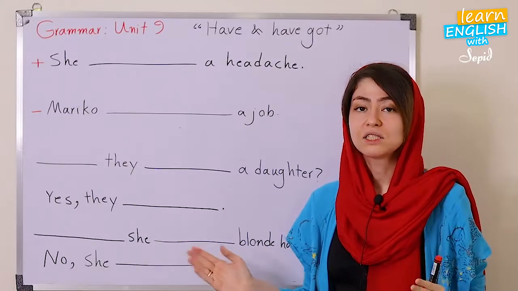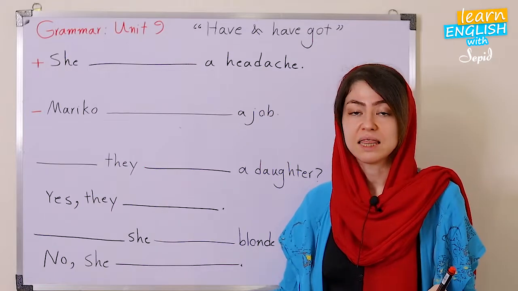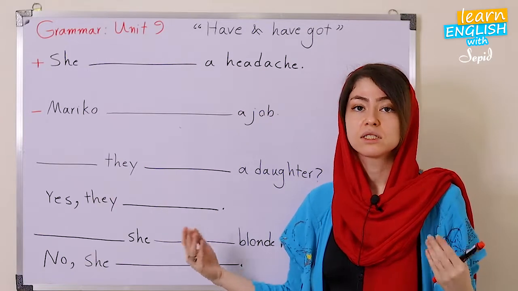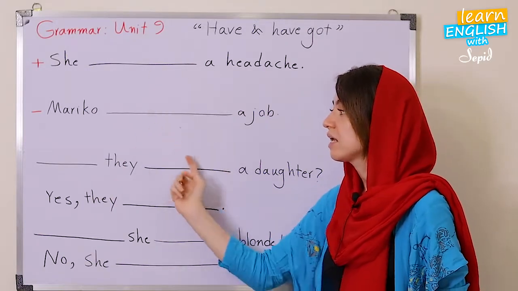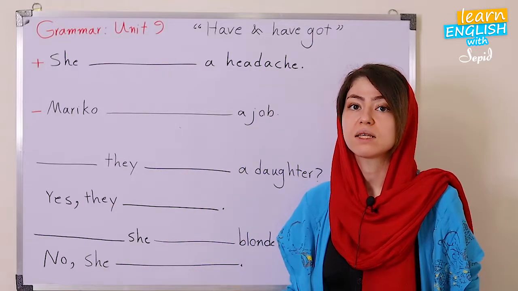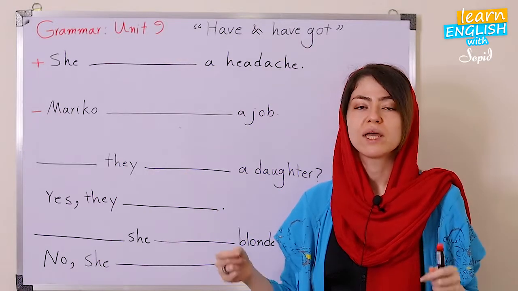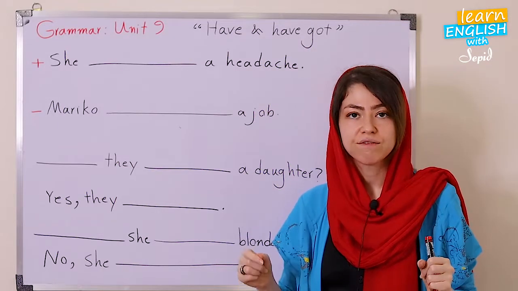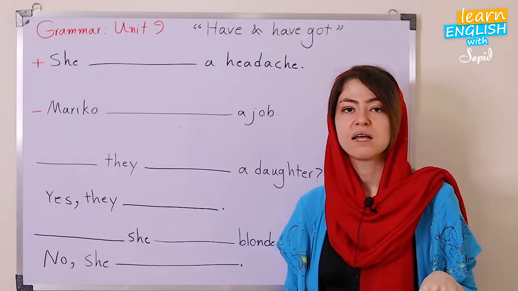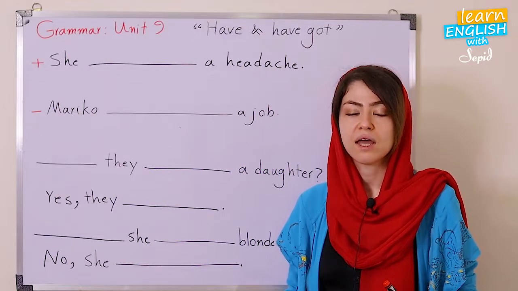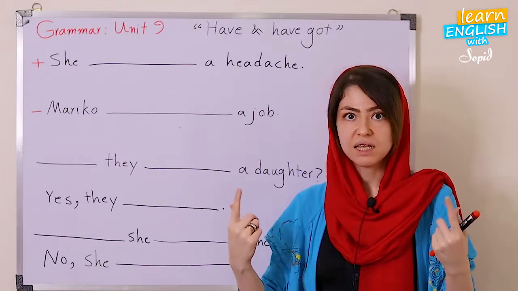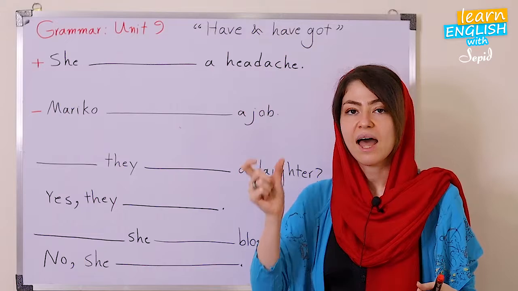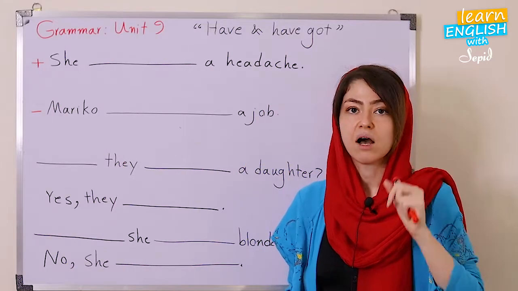Now, let's go to the practice section. In this section, we are going to fill in the blanks using the grammatical points that we learned. So we can either put have or has. The negative forms are don't have, doesn't have. Or instead of these, we can use have got or has got.